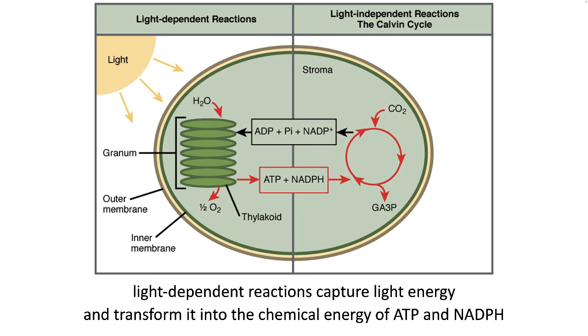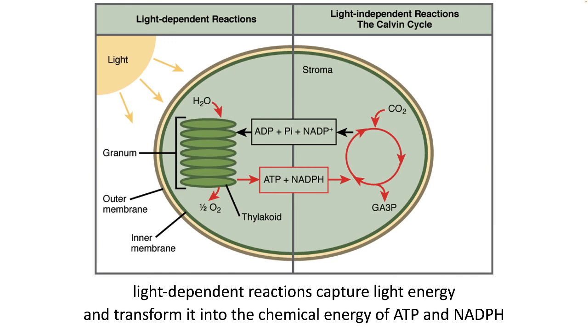The light-dependent reactions capture light energy and transform it into the chemical energy of ATP and NADPH. NADPH should sort of ring a bell. It looks really similar to NADH, which is an electron carrier in cellular respiration. And just like that, this is an electron carrier that's really similar in structure. The light-dependent reactions take place in the thylakoid.